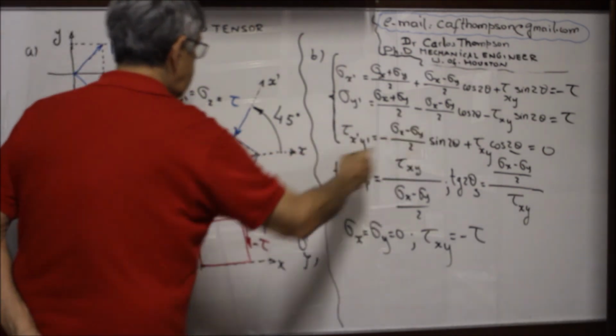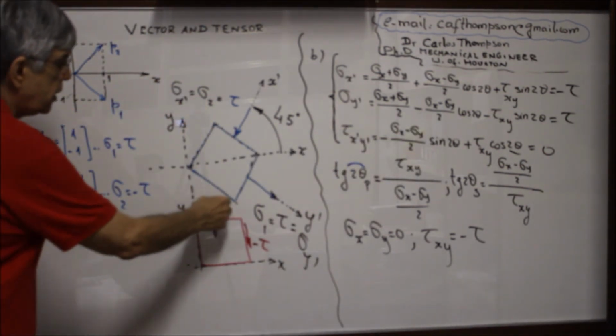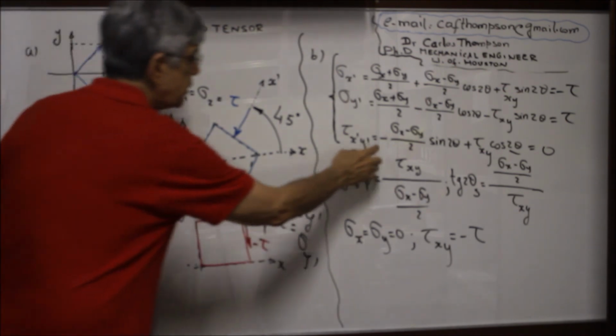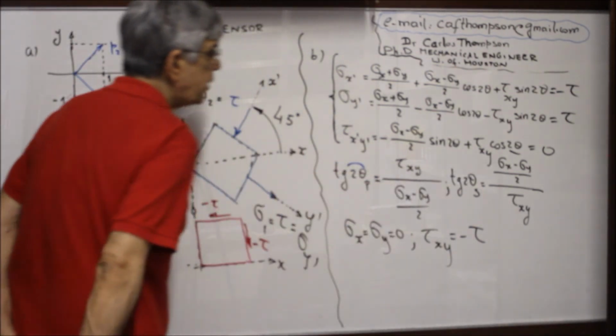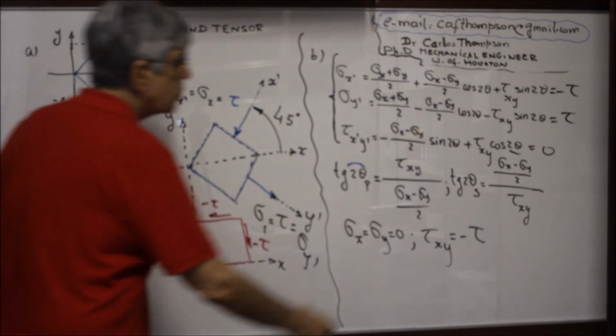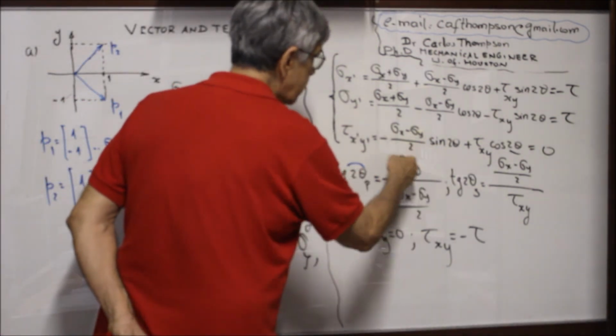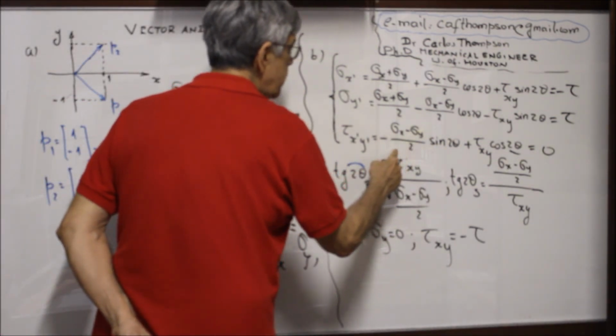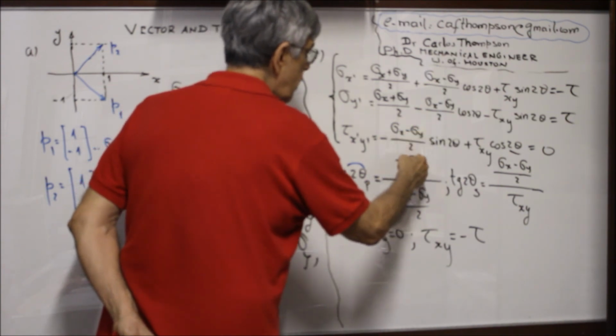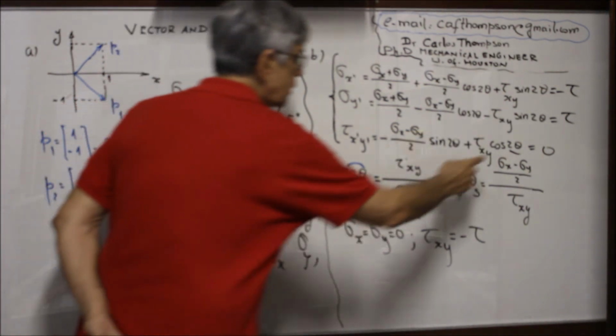The same result and the same result over here. So here there is no shear. You see? The shear for sine of 90 degrees is not 0, it is 1, but this part here, sigma x minus sigma y over 2, will be 0. So this is 0.